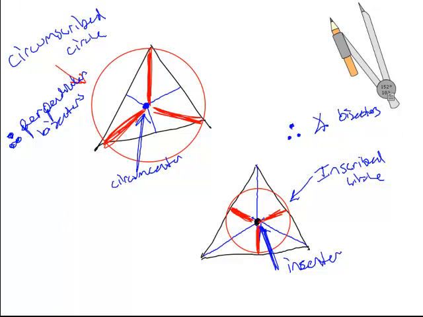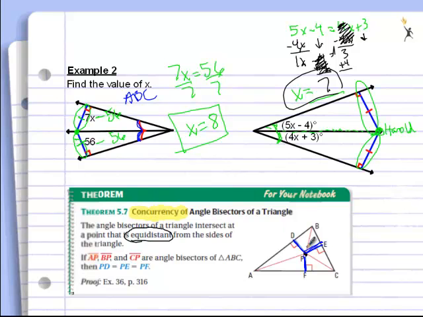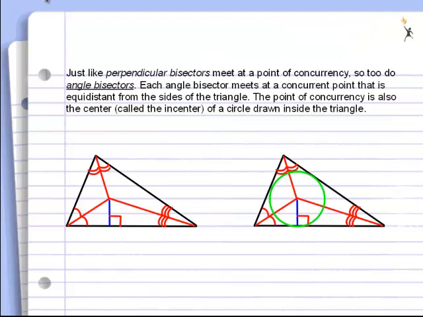Let's go back to our notes. That point is equidistant from the three sides. So that PD, PE, and PF are all the same length, right there. And we can use that information to solve for missing pieces, just like we did last section with the perpendicular bisectors. Just like perpendicular bisectors meet at a point of concurrency, so too do angle bisectors.